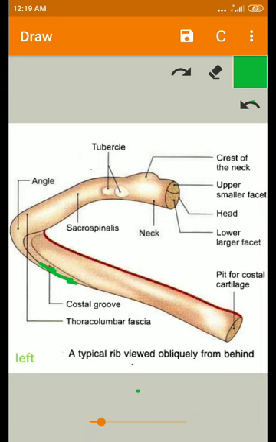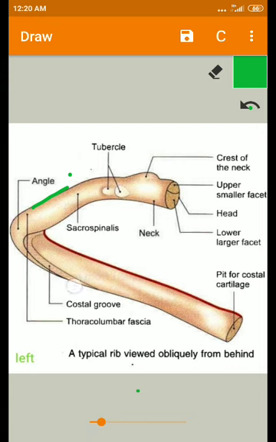One rib will have both the origin as well as insertion of intercostal muscles, internal intercostal as well as external intercostal. The superior border is rounded with an inner and an outer lip. The inner lip gives attachment to the insertion of internal intercostal and intimi muscles. The outer lip gives insertion to the external intercostal muscle.